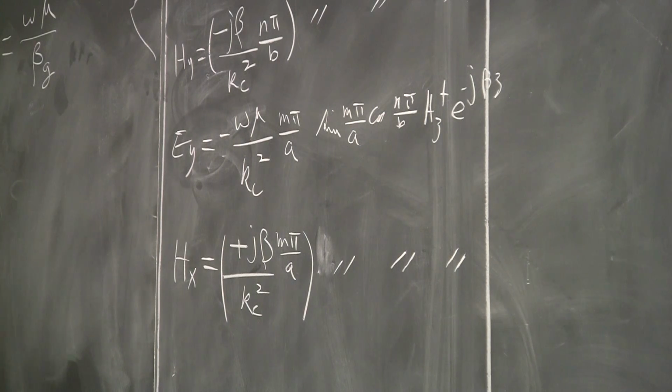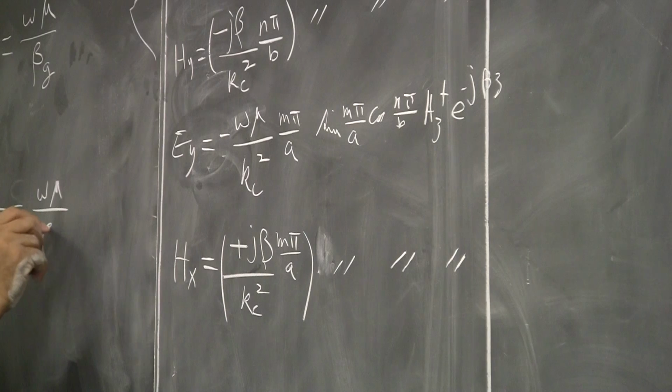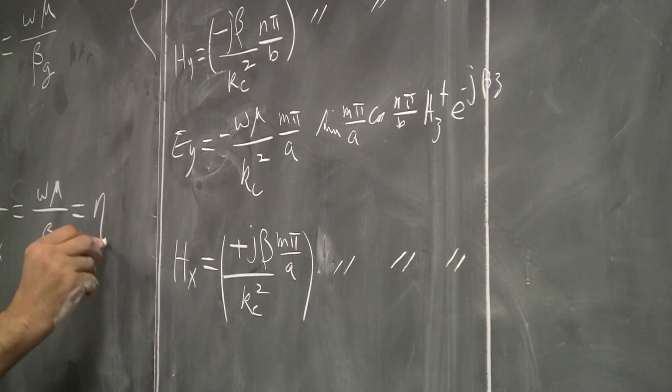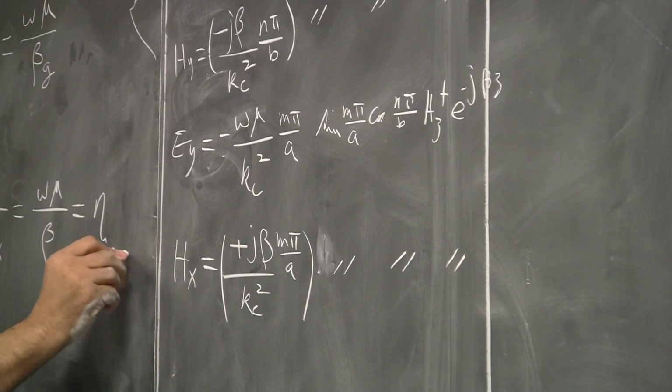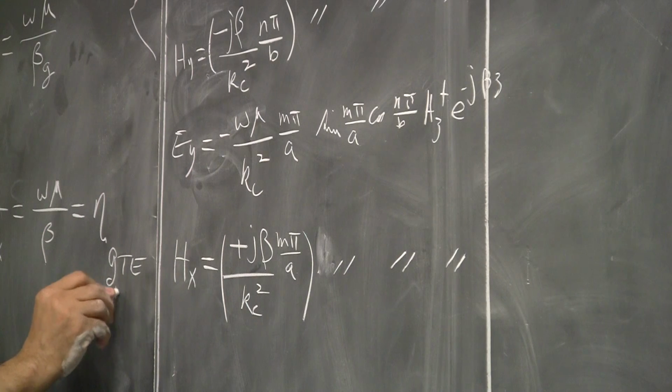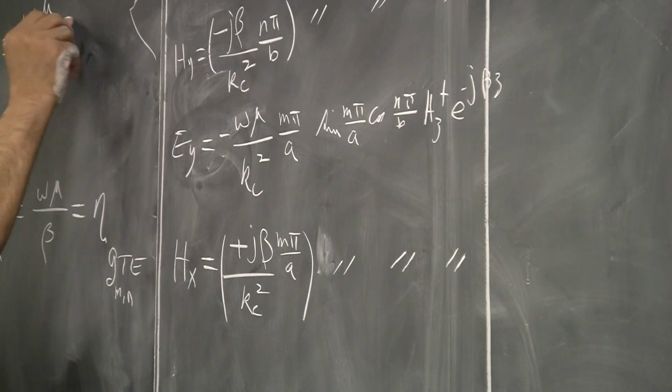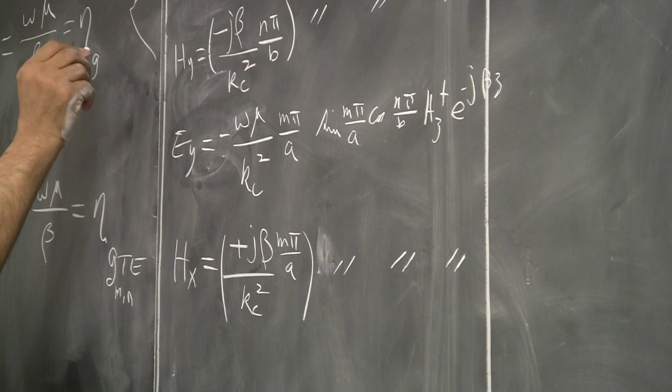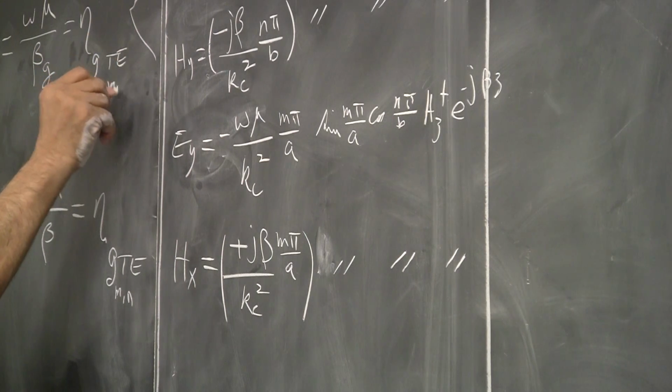And over here, Ey over Hx is equal to, again, omega mu over beta. And we call this one eta guide for the TE modes, sub mn.